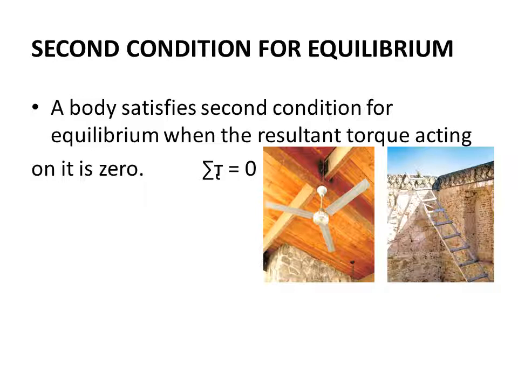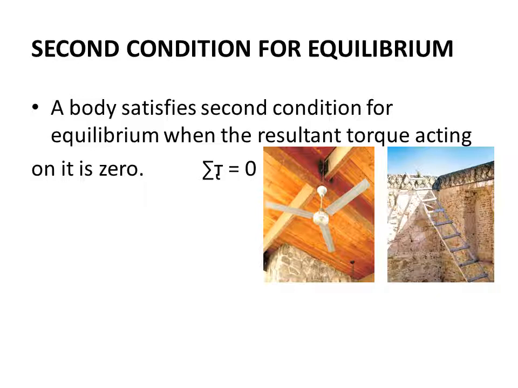Now shift the location of the forces. In this situation, the body is not in equilibrium, although the first condition for equilibrium is still satisfied. It is because the body has the tendency to rotate. The situation demands another condition for equilibrium in addition to the first condition.